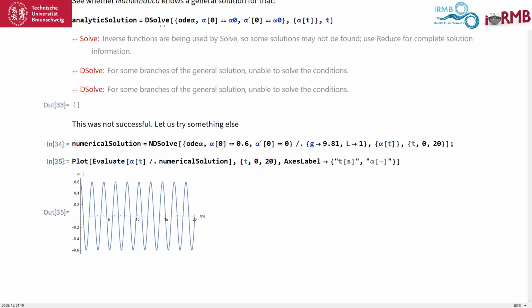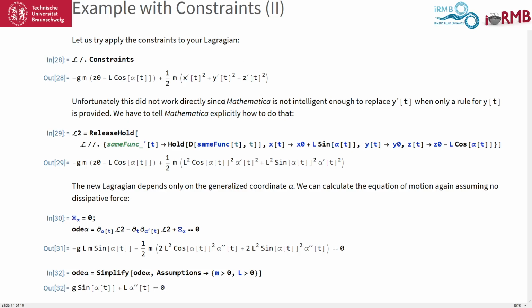Yeah, and now we can solve this. Now we take the analytical solution, and as you may know, the pendulum, the real pendulum, not the mathematical pendulum, has no analytical solution, and this is due to the sine here. Yeah.